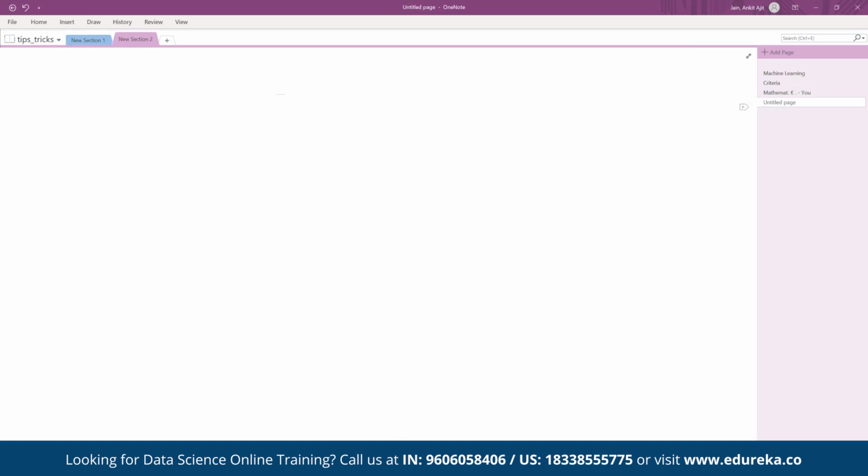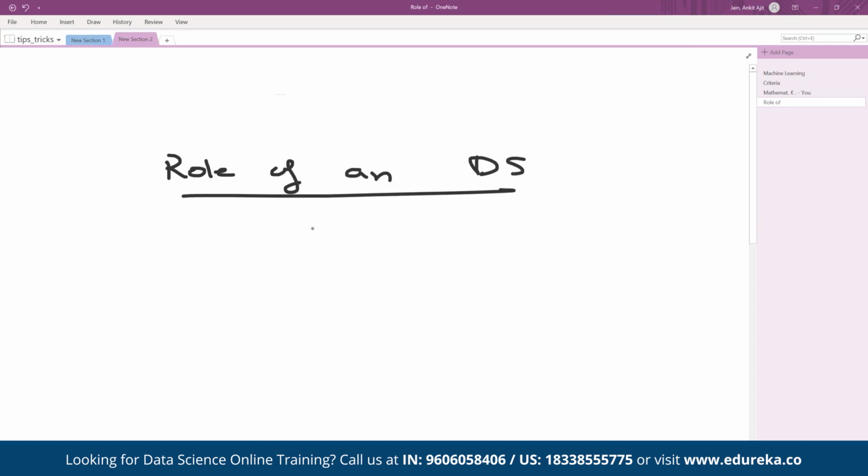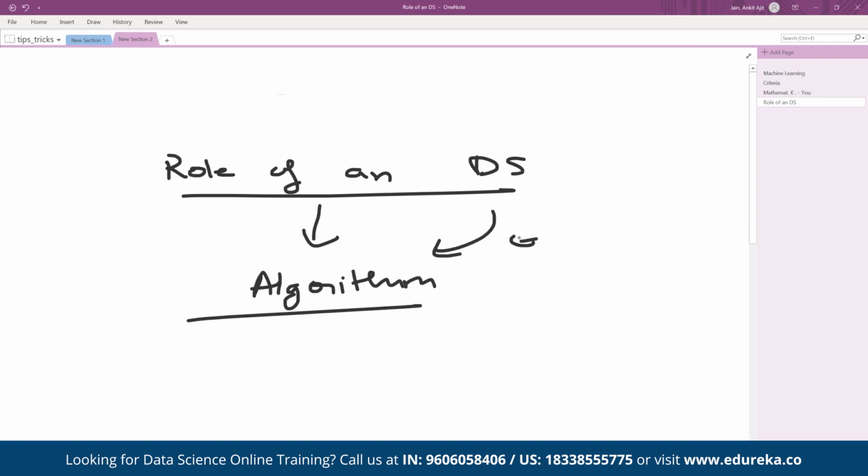Now, how many of us want to become a data scientist here? I think most of you want to become a data scientist, right? The role of a data scientist is to understand this algorithm. It is assumed you will be an expert on this.